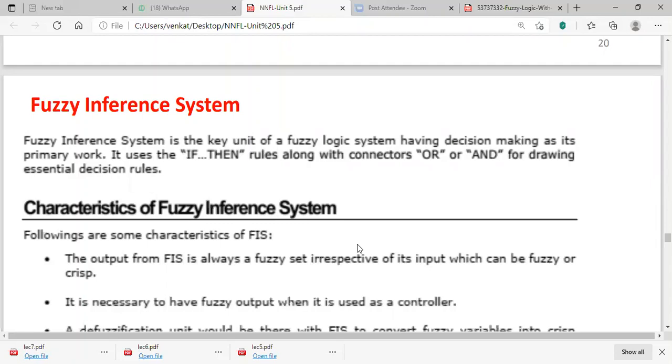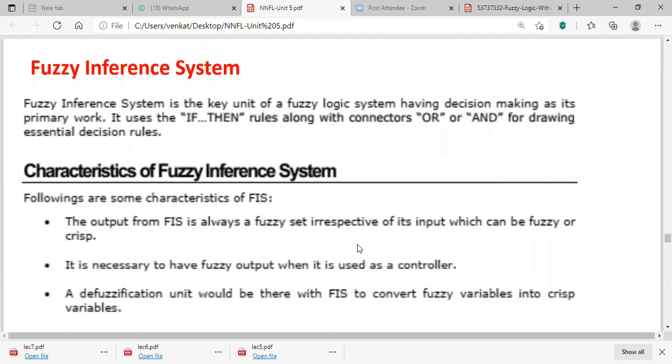It uses if-then rules along with the connectives and, or, complement, implication. To derive certain decision rules, this fuzzy inference system will be using all the connectors along with the if-then rules.